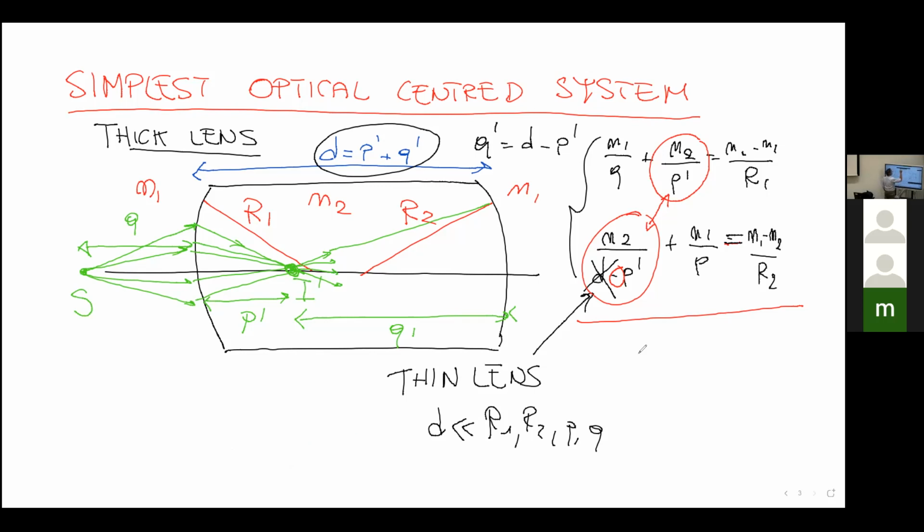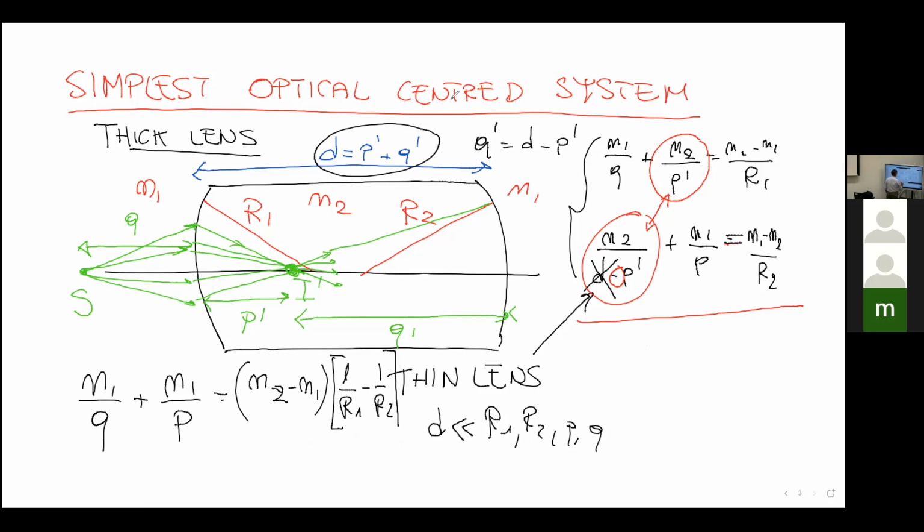And then you get that N1 divided by Q plus N1 divided by P is equal to N2 minus N1 times 1 over R1 minus 1 over R2. You get an equation like this, okay?